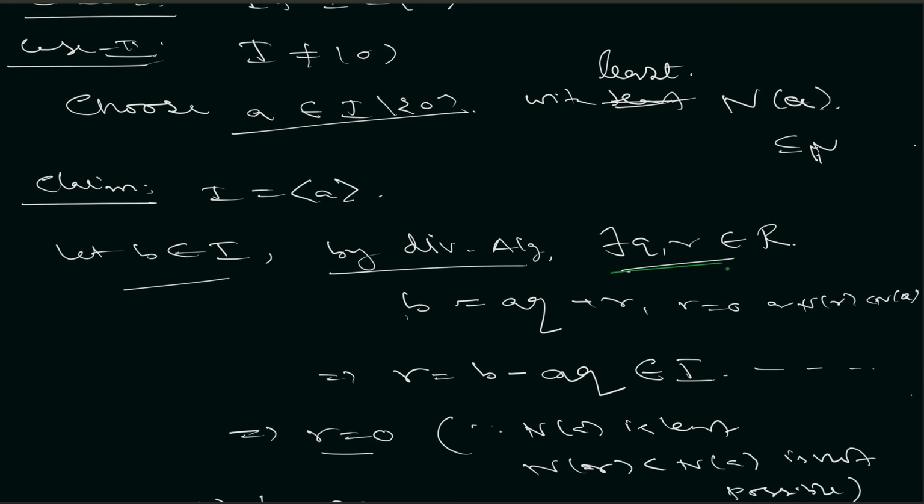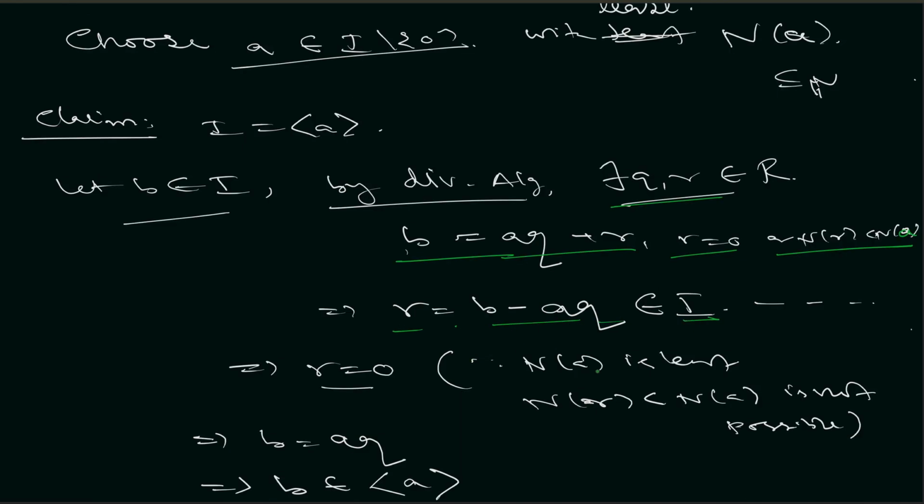There are elements Q and R so that B can be written as AQ plus R, with R equal to 0 or norm of R less than norm of A. So R equals B minus AQ, which is inside I, but R has to be equal to 0 because norm of A is least.